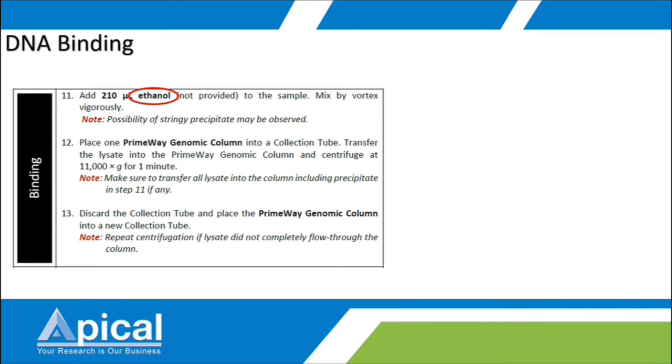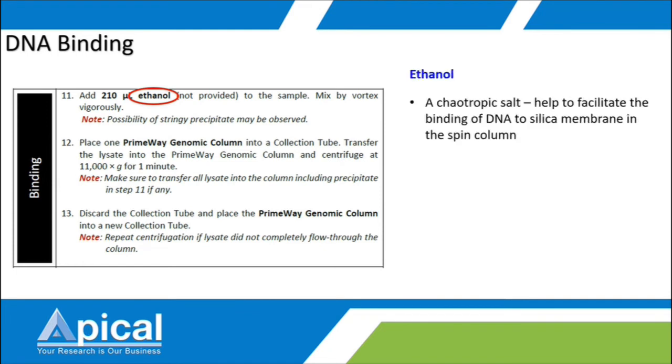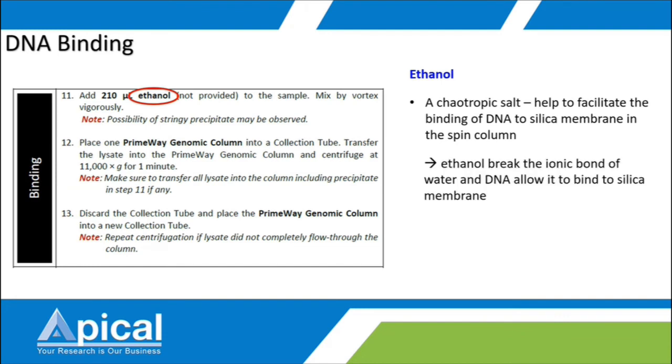Okay, so here I would like to share with you some tips. For ethanol, there is denatured ethanol and non-denatured ethanol. Denatured ethanol contains additives such as methanol and isopropanol, some of which may affect your downstream application.